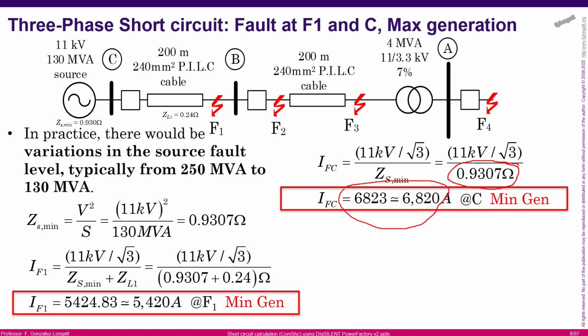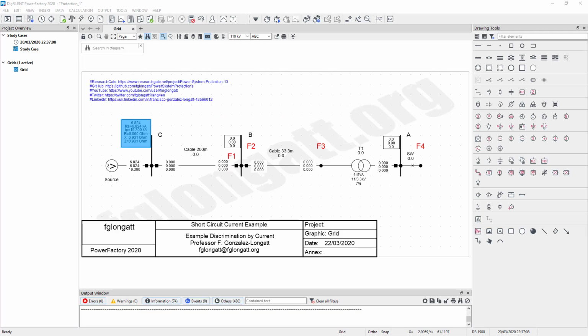Let's go to PowerFactory to show you again. You can see here it is 6.824 kiloamps, and the reactance is 0.931 ohms.